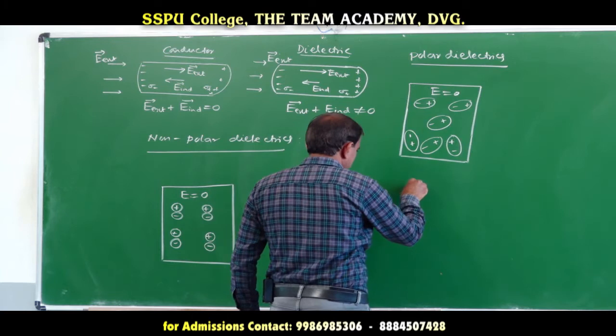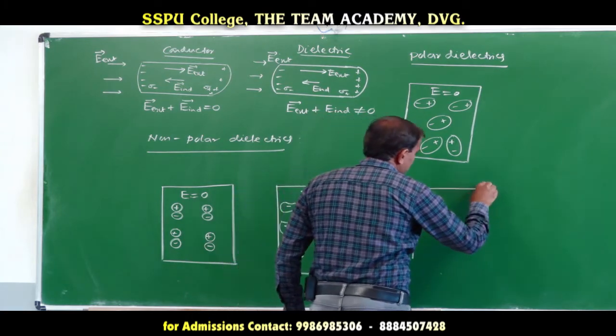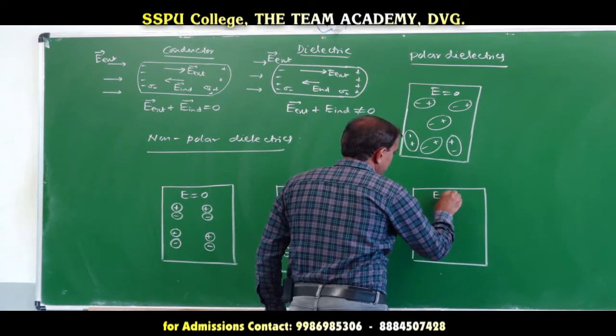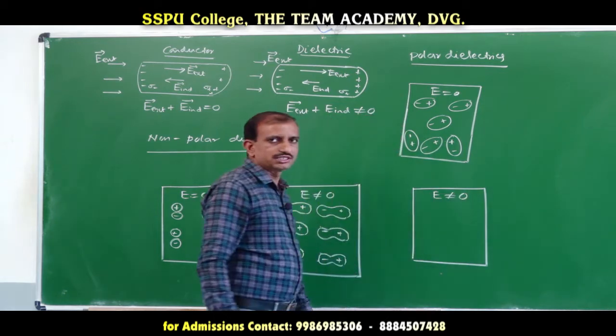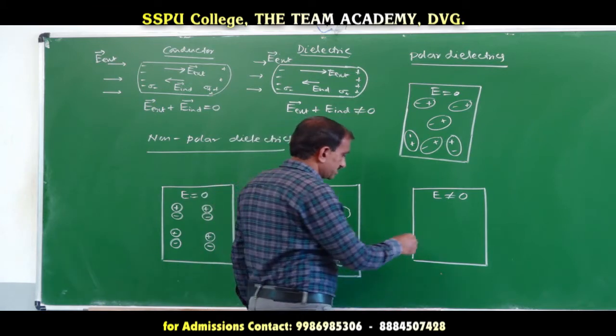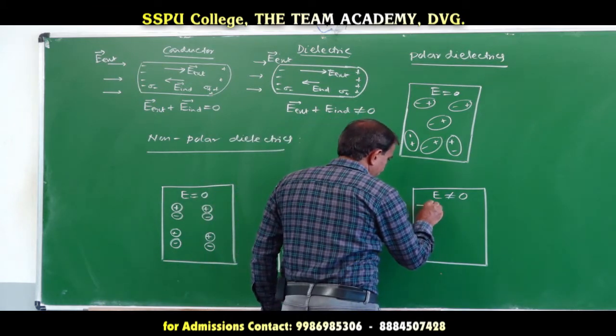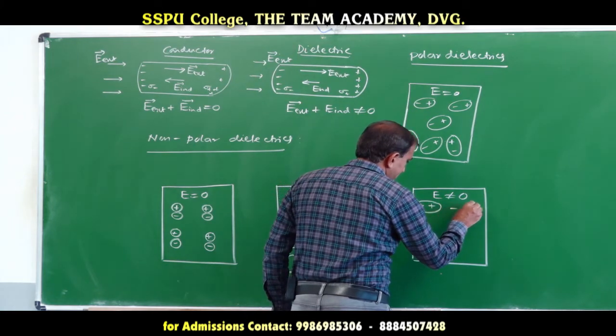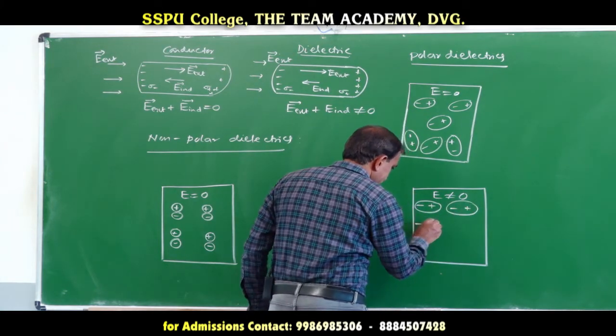See what happens in the presence of an external electric field. This is the case with E not equal to 0. In the presence of an external electric field, the polar dielectric molecules align in the direction of the external electric field.